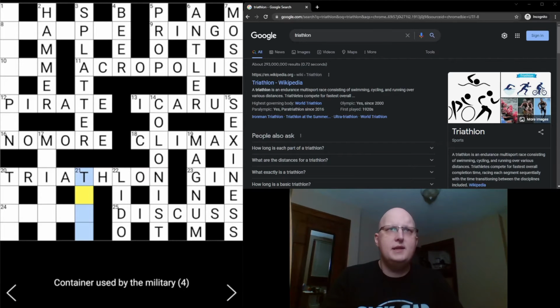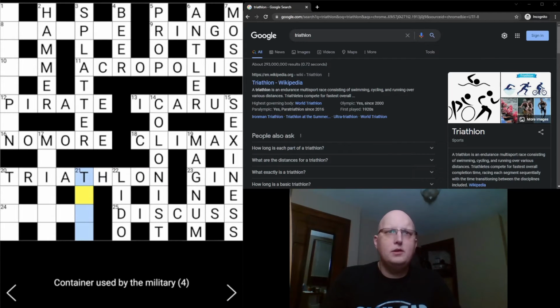Container used by the military. So here we have a clue where the plain reading, the surface reading, seems like the answer should be some sort of container that's used by the military. But chances are it's actually some anagram or other definition of one of these words, which starts with a T, but who knows what it could be.